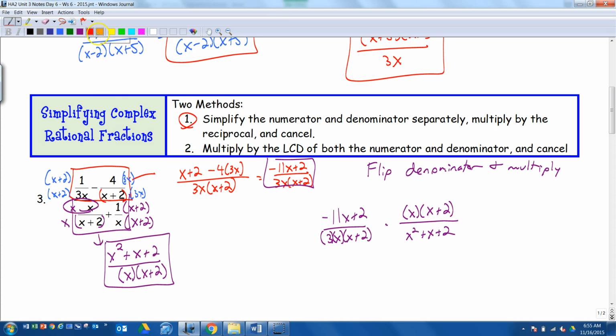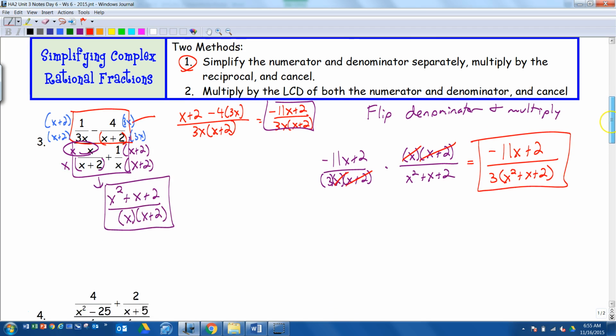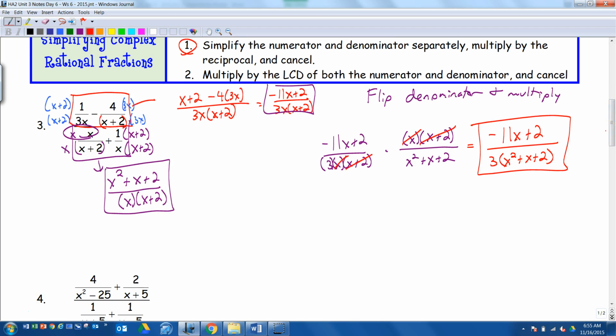Now we can cancel common factors. That's a common factor with that, that's a common factor with that, and that's all we have left. So we get our final answer is negative 11x plus 2 all over 3 times x squared plus x plus 2. So that is how you do a complex. It's basically two problems in one.